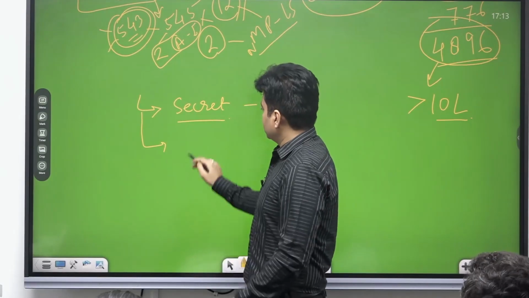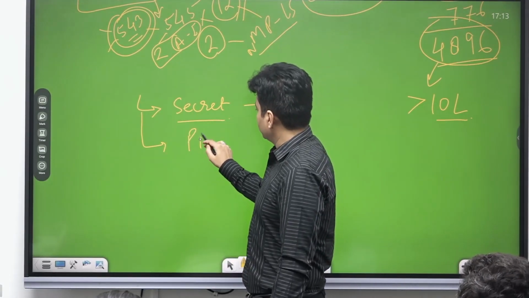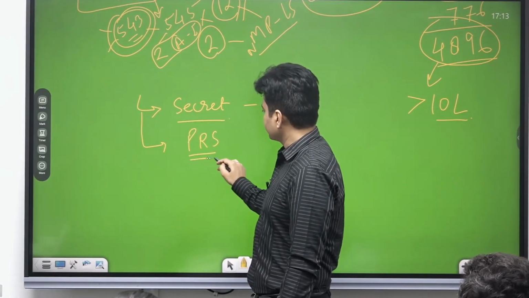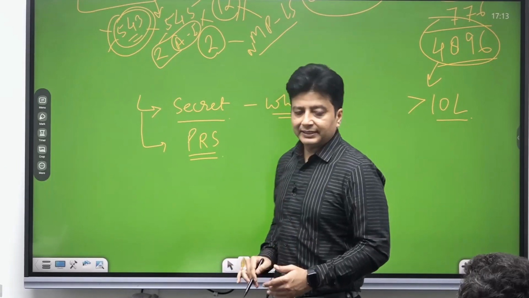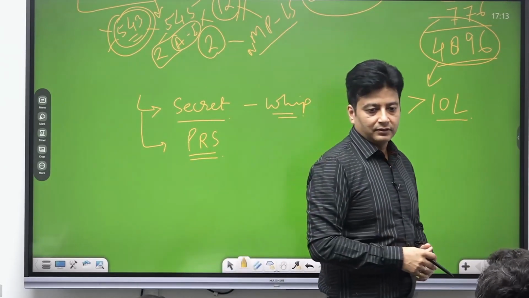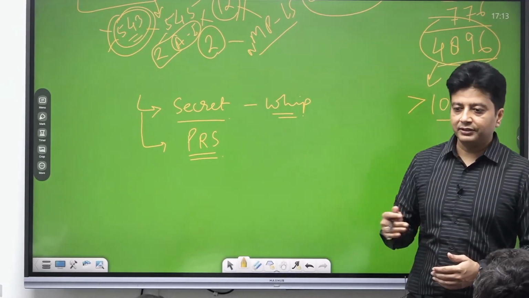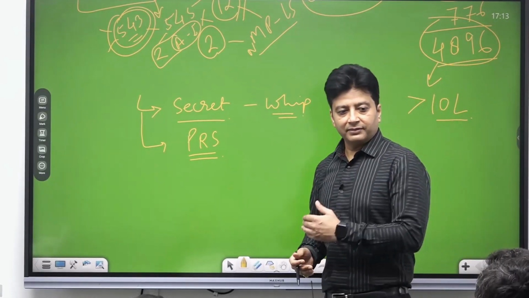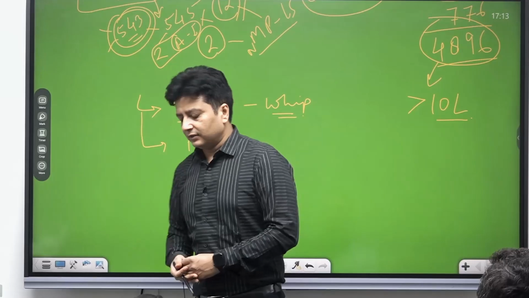The next word is proportional representation system. Proportional representation system is also called the Hare system, right? In the 18th century, it was given by Hare. Why?